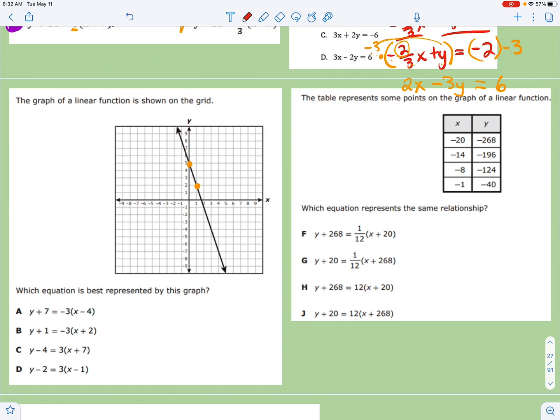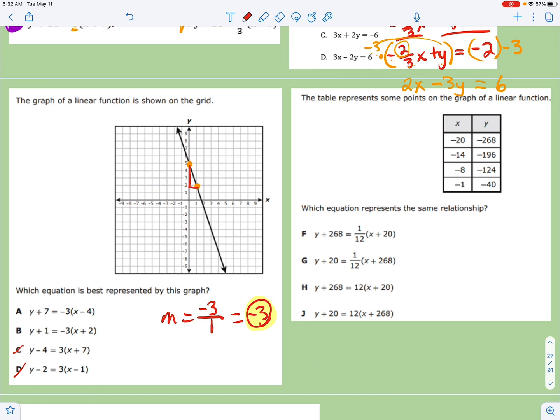So I chose 2 points, and now I'm doing rise over run. Notice how I went down 3, so that's -3 on top, and right 1, giving me a slope of -3. So I confirm what I just said, right? C and D are out of the question.